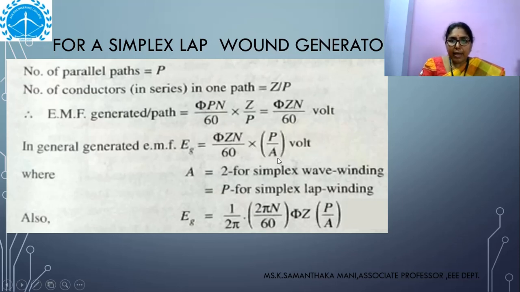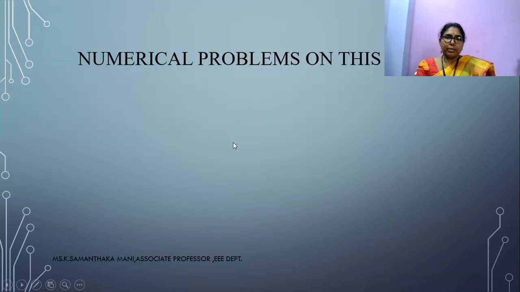Here this A value will differ for simplex wave winding and simplex lap winding. This A value is 2 for simplex wave and A equal to P for simplex lap winding. So this is your EMF equation for a DC generator.